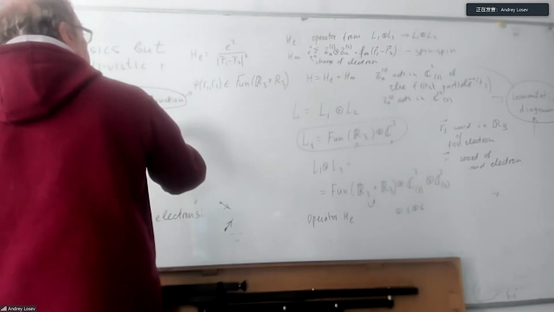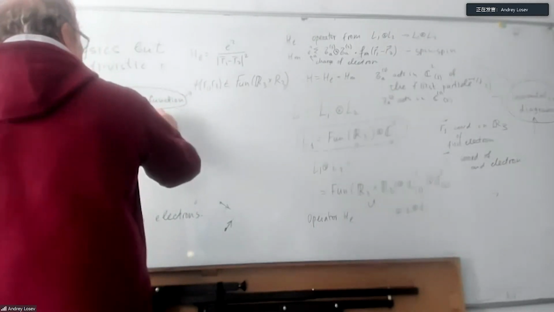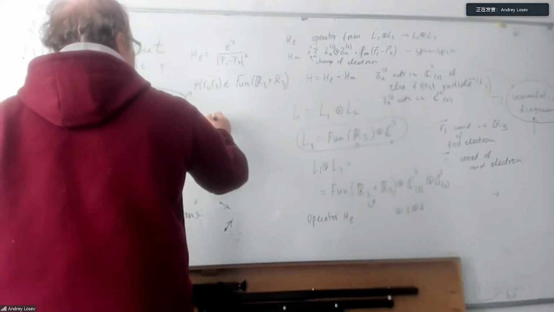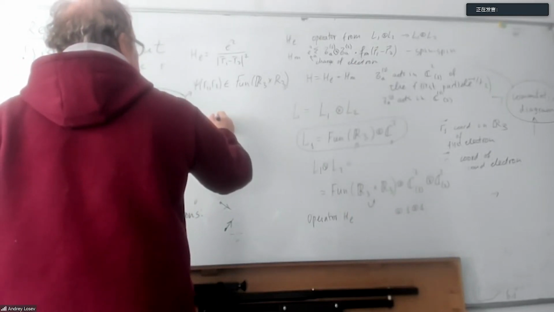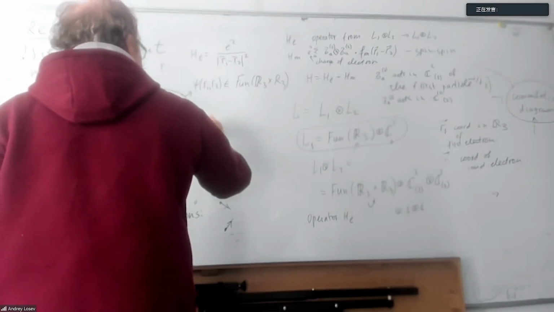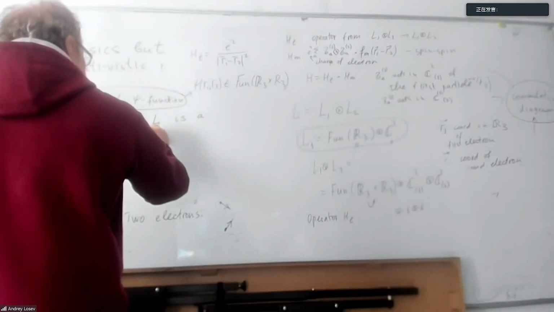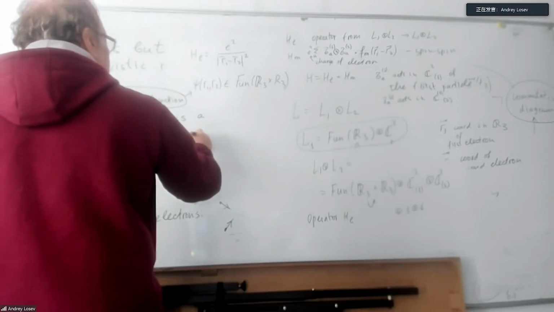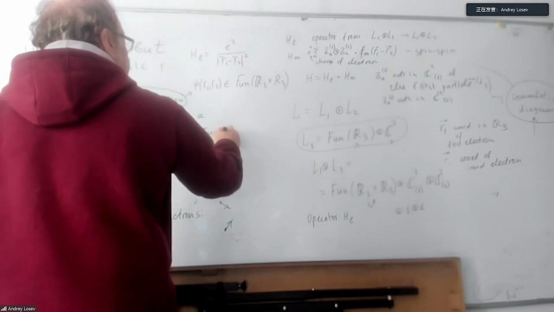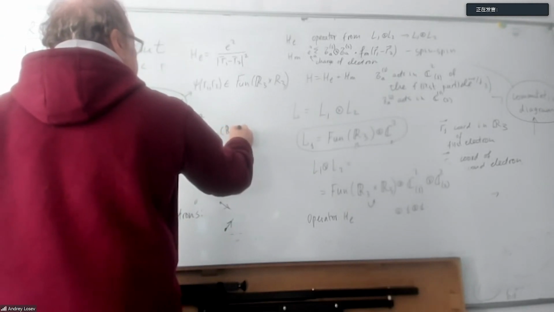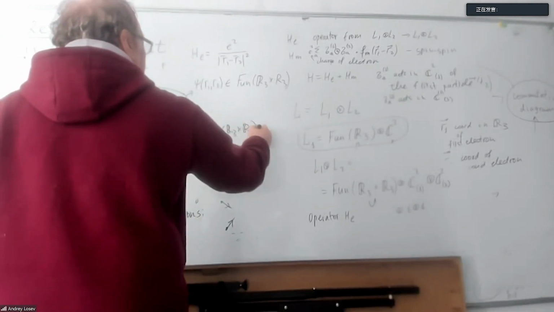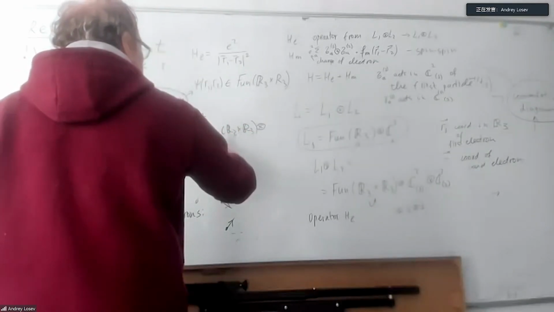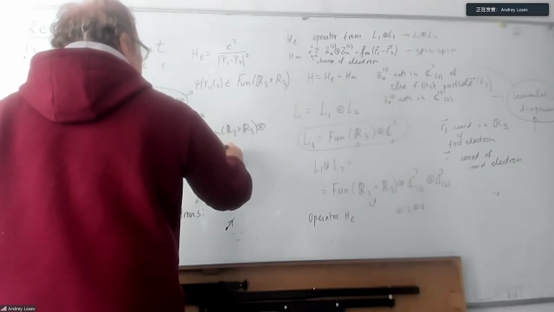Element of L is a psi vector R1, R2 that belongs to tensor C squared 1.